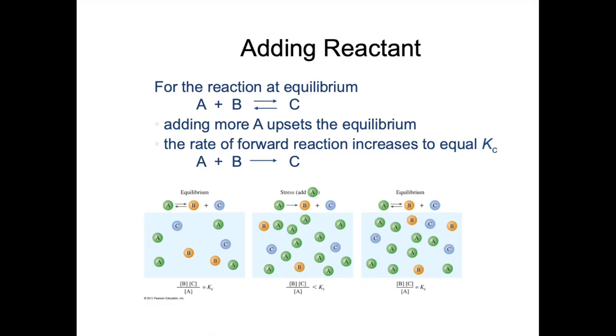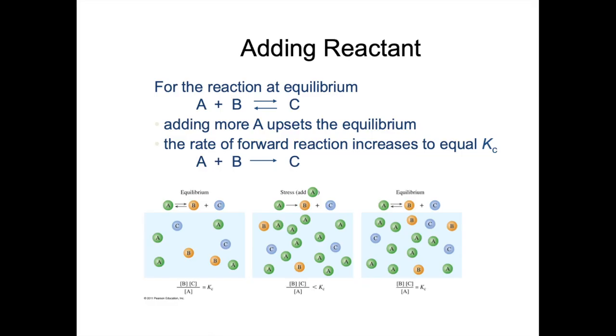All right, so now remember, when it comes to rates of reactions, increasing the concentration of a reactant will speed up the rate of that reaction that uses up that reactant.